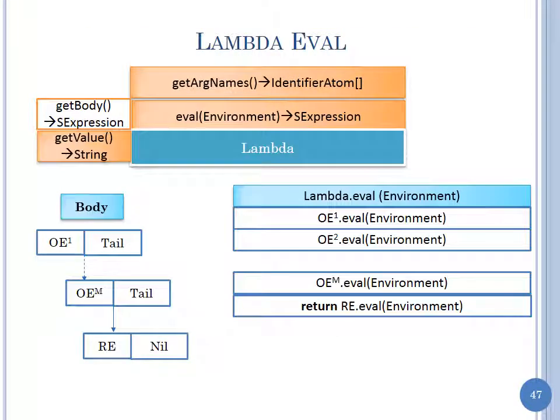So what does LambdaEval do? That was asked. This is what Andrew does for you. Yes, it is hidden, but I'm exposing it in class. It's given an environment, and it evaluates all of the optional expressions, OE1 to OEM, and then it returns the required expression.eval environment.